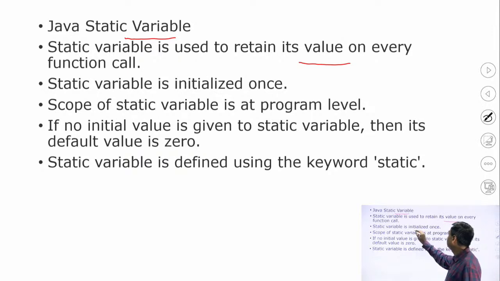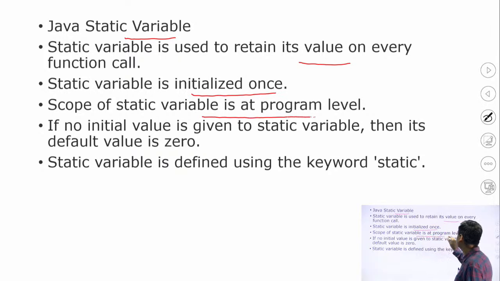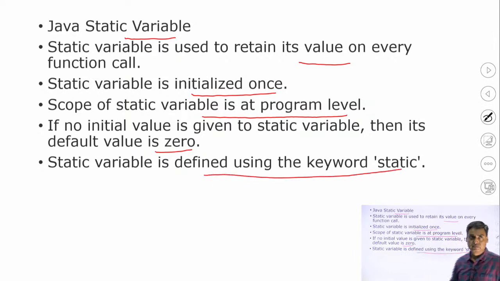A static variable is initialized only once. The scope of a static variable is at the program level. If no initial value is given to a static variable, then its default value is 0. A static variable is defined using the keyword static. A very important part: a static variable retains its value within the function.